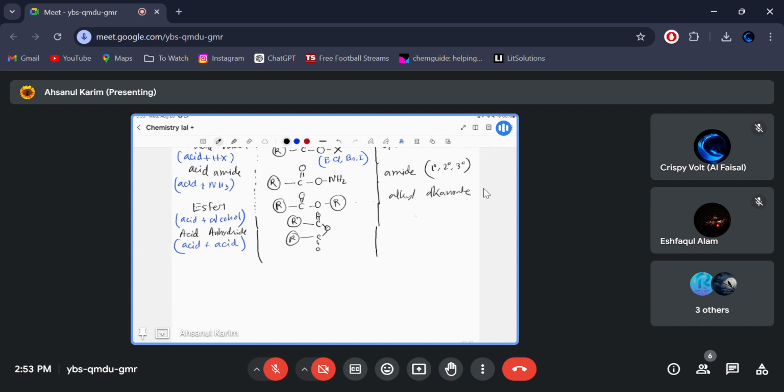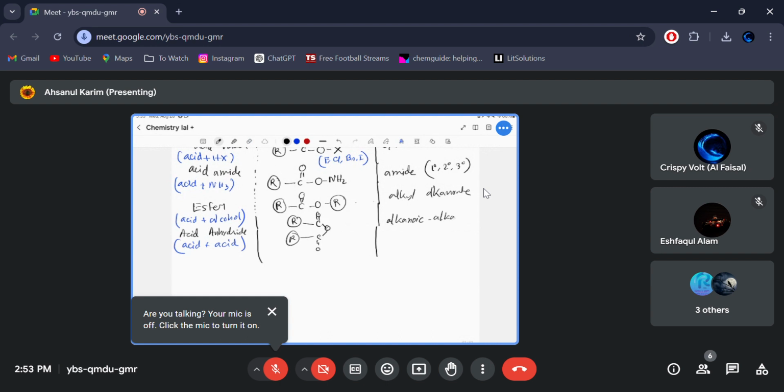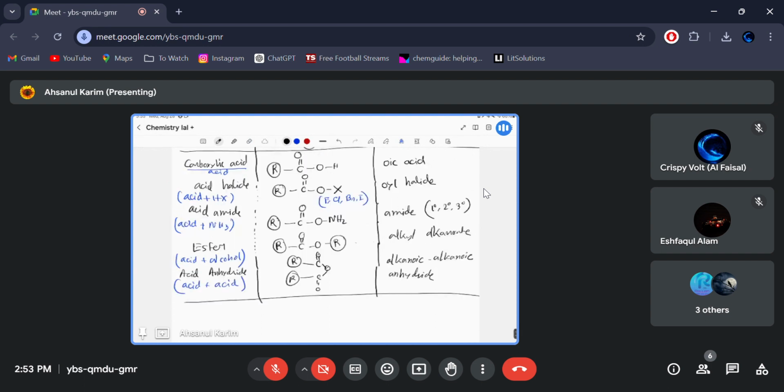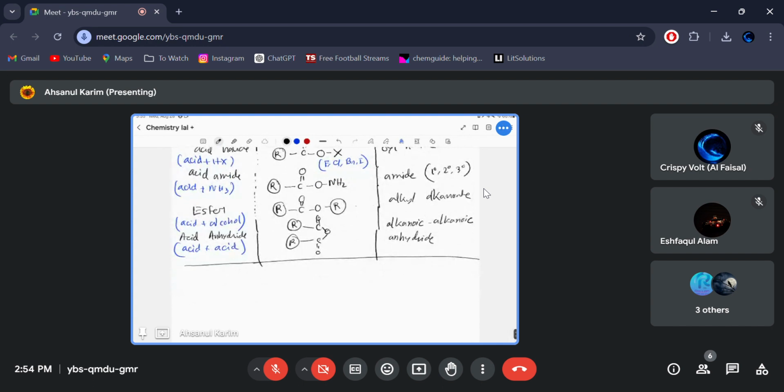And the name is alkanoic anhydride. This is all about acids. So we have carboxylic acid as base, and these are known as derivatives of carboxylic acid. No issue.